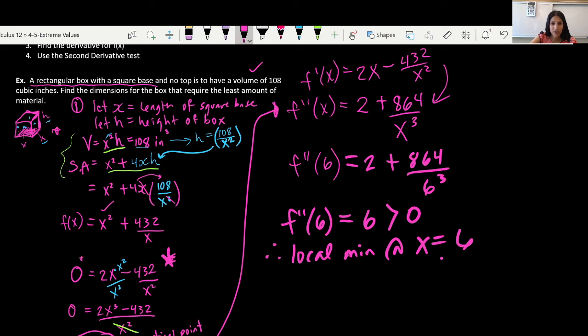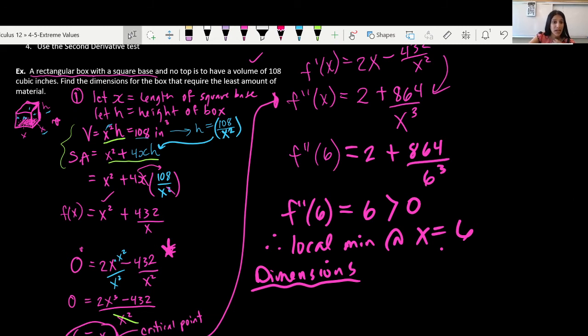And then we want to find the dimensions. So we've done the work to find what we're looking for, but now we need to make sure that we're actually answering the question. It said find the dimensions. So x equals 6, we found the length, but we also need to find the h value. So I would simply take my initial formula back here, v equals x squared h.